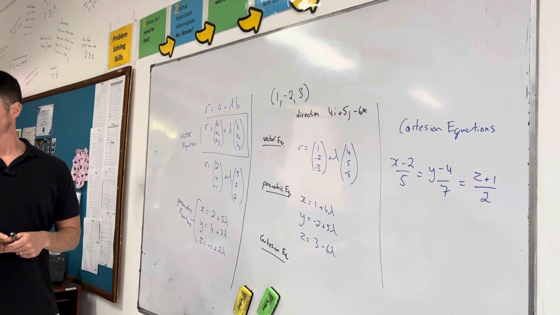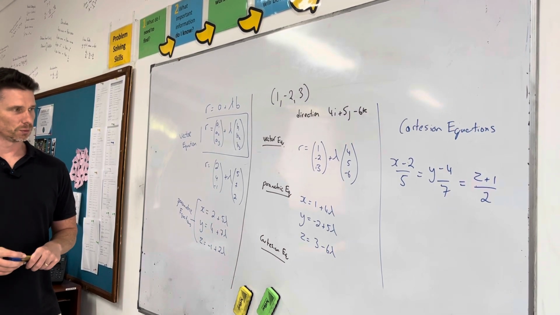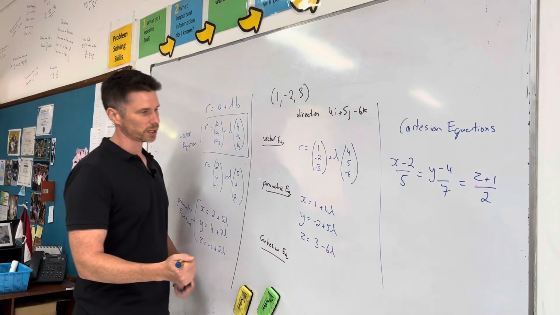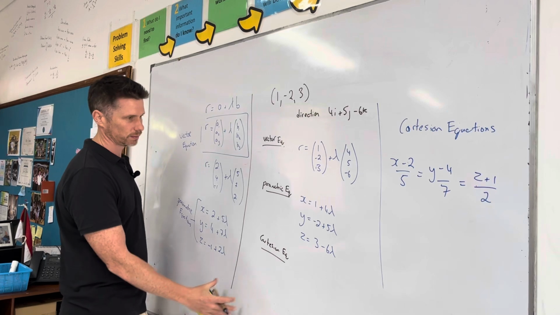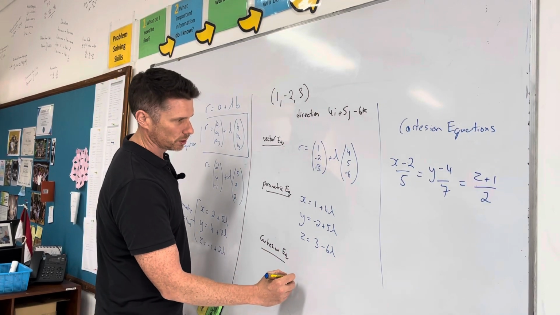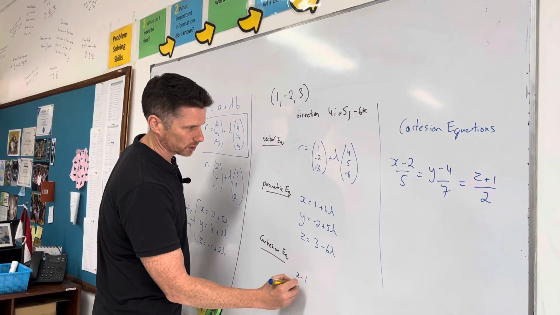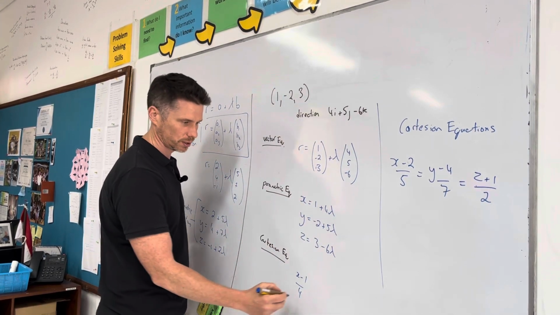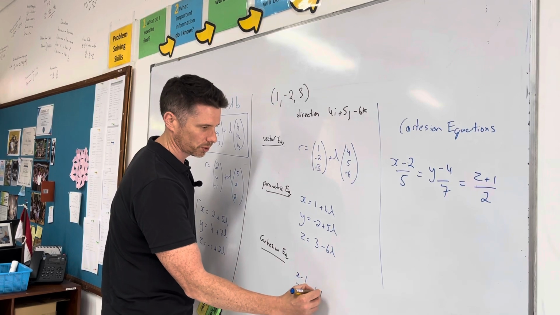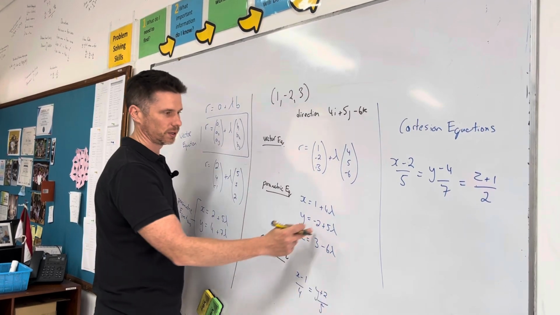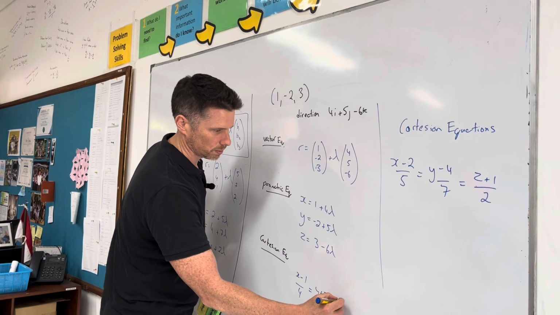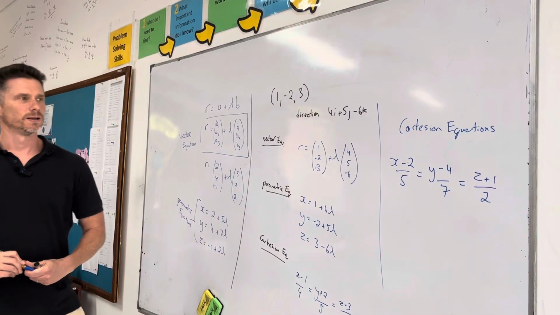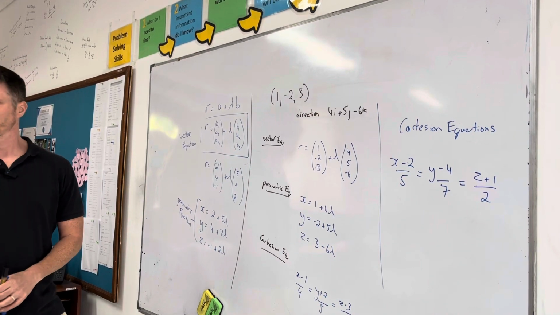Knowing that lambda will be the same for each, we can create a set of equations with just x, y, and z, removing that unknown. So x minus 1 over 4, subtracting the 1 and dividing by the 4, is equal to y plus 2 over 5, and z minus 3 over negative 6, which is not great, but we can leave it like that for now. Okay?